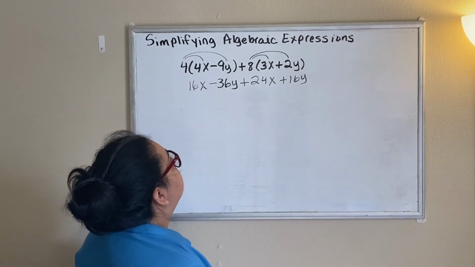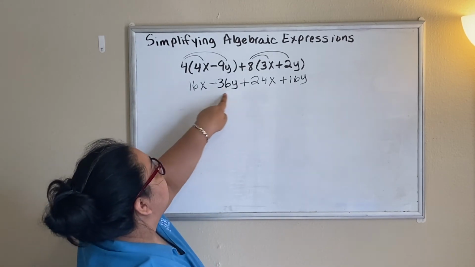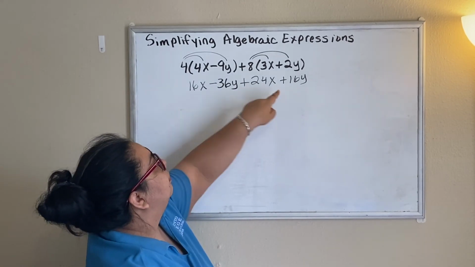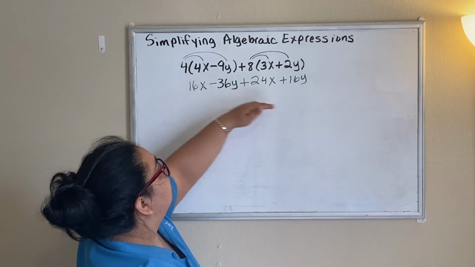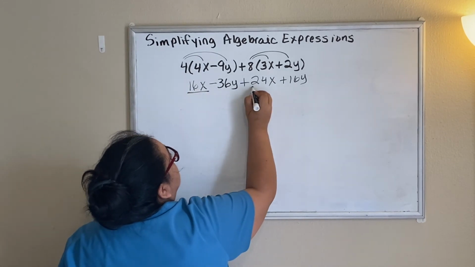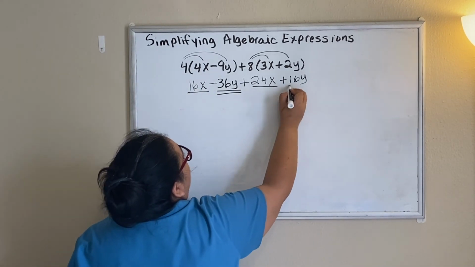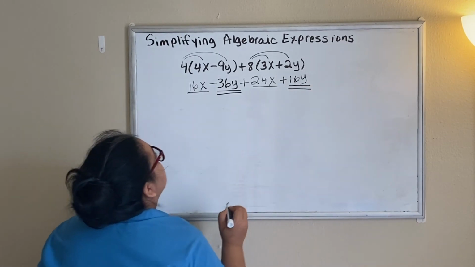So now we're going to combine like terms. Notice this looks a lot like example 1 now that we've simplified the first part. So to simplify the second part, we're going to combine 16x with 24x, and we're going to combine negative 36y with positive 16y.